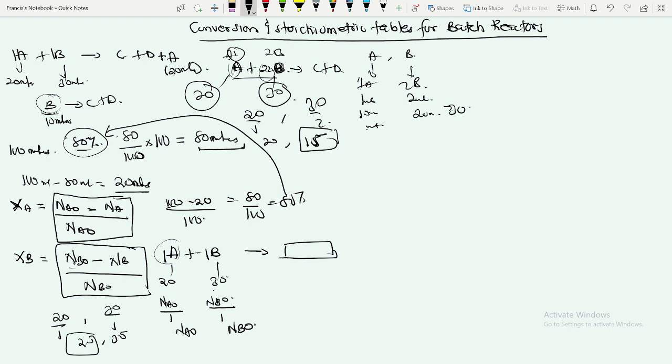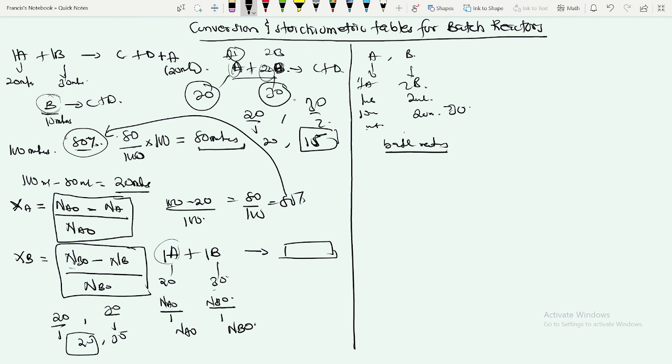Now, we go to our stoichiometric table. But before that, what's the design equation for batch reactors? We know that for batch reactors, from our previous video, we are very much interested in the time, right?